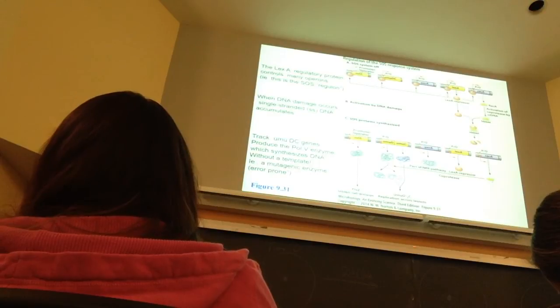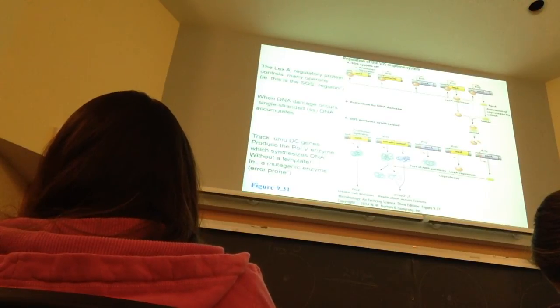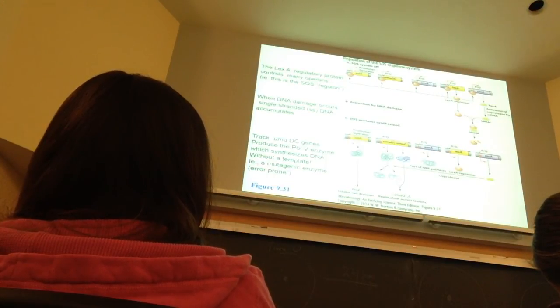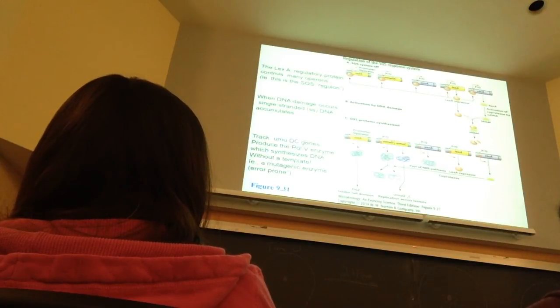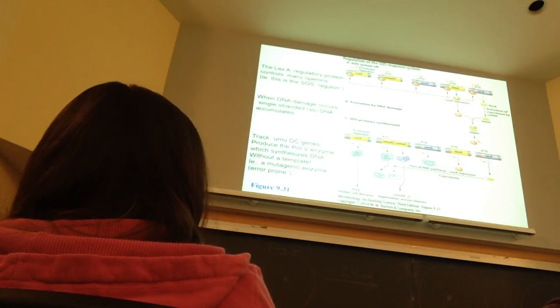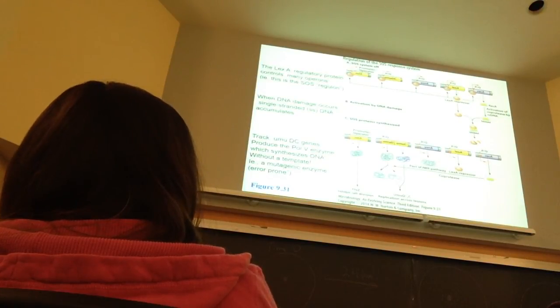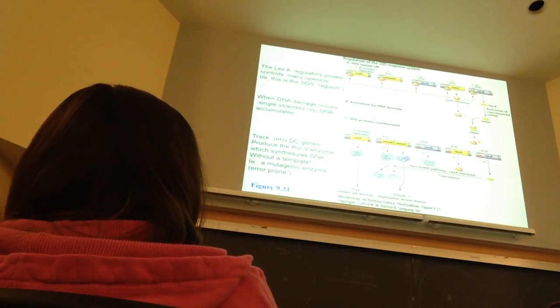And the only operon that I'm going to be covering here is umuDC. It produces Pol V, the polymerase 5 enzyme. And the interesting thing about the polymerase 5 enzyme is that RecA becomes a component of polymerase 5.